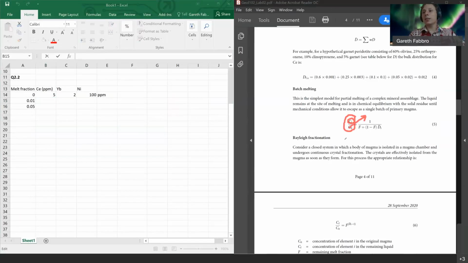So you end up with, you cancel it out there. That's C0. You just rearrange the equation, then it's in terms of CL.